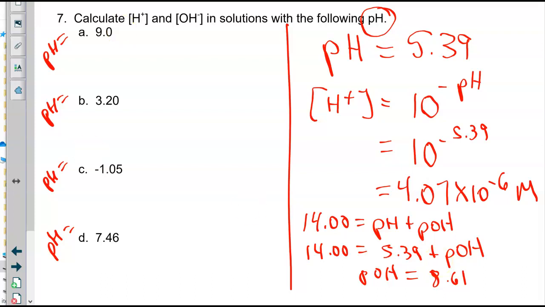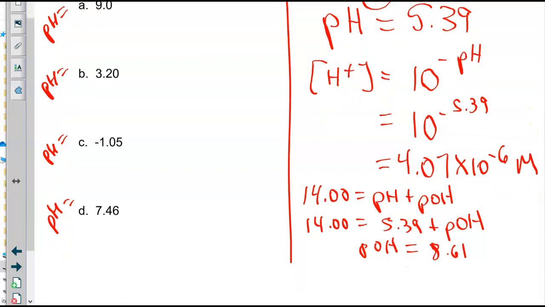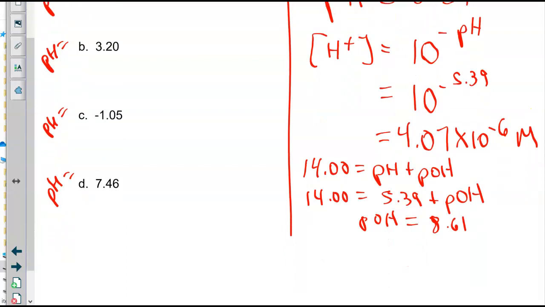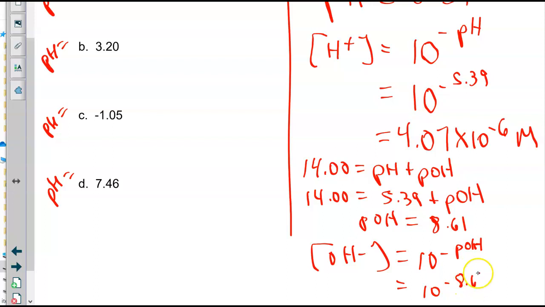And then I can continue on with this problem. Give me just a moment to try to navigate the program so I can get some more screen here. So then I can say OH minus concentration is equal to 10 to the negative pOH. That's the formula I'm using. So this is going to be 10 to the negative 8.61.